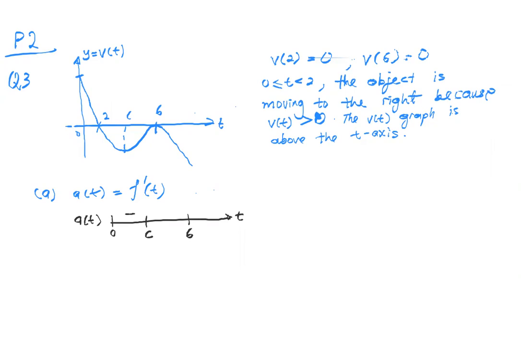If the velocity graph is going up, that is C to 6, then the acceleration will be positive because increasing velocity. Then go down. So if I sketch the graph, I will know that my acceleration graph will pass through this point and pass through this point. I mark down.